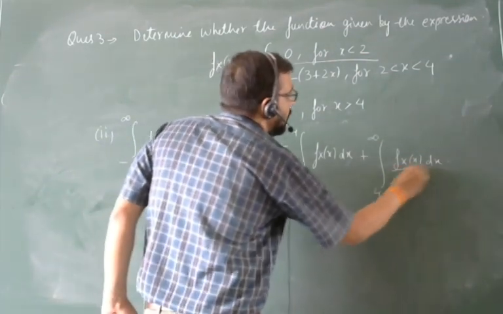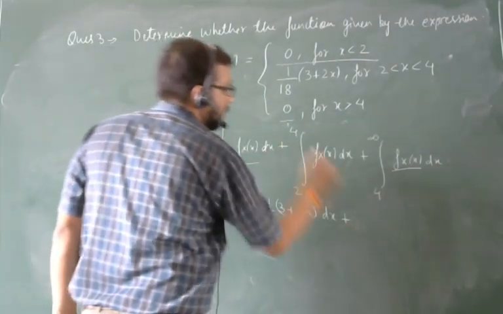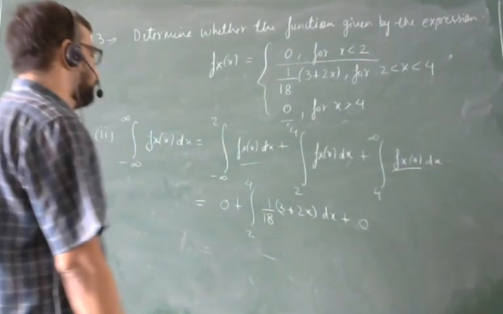In the interval beyond 4 the value is 0, so that overall value is equal to 0.